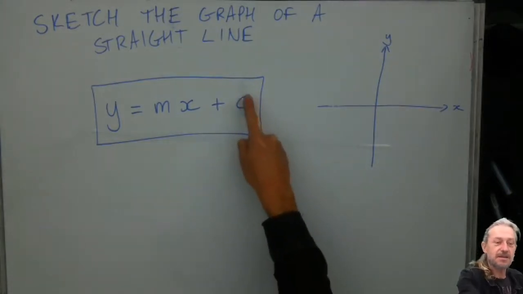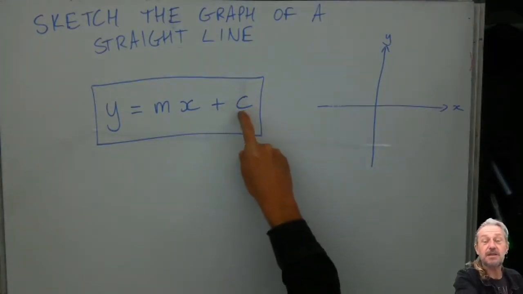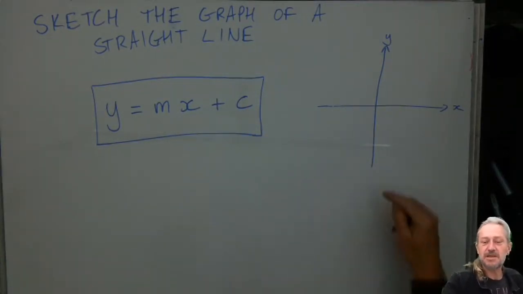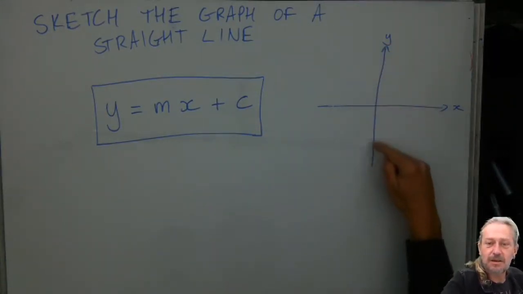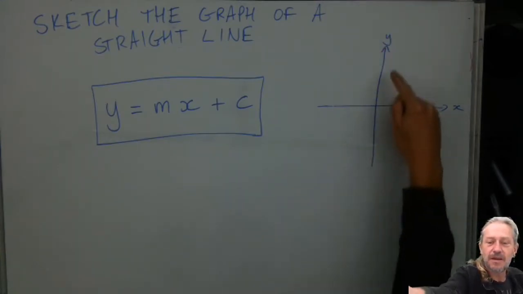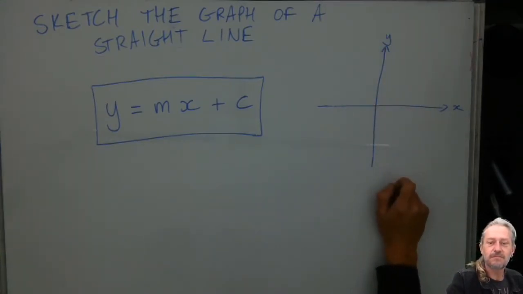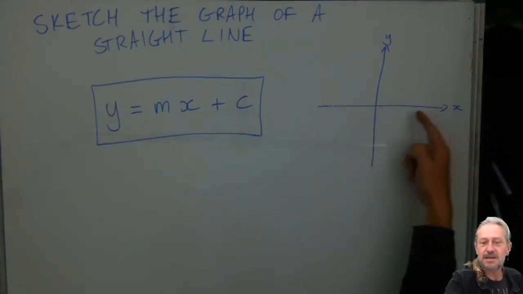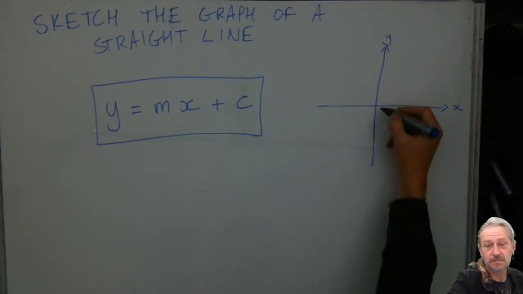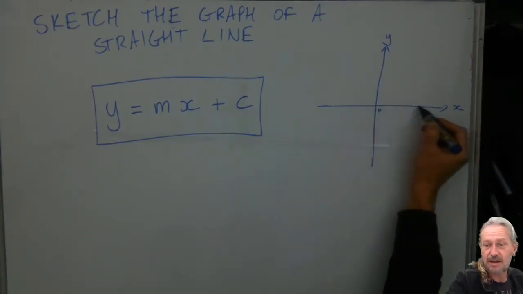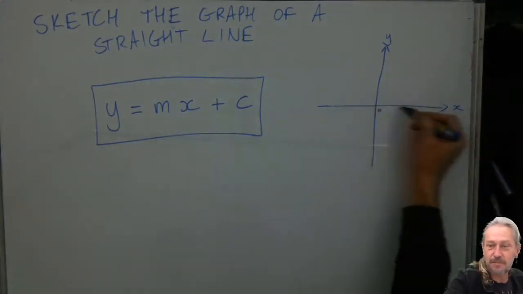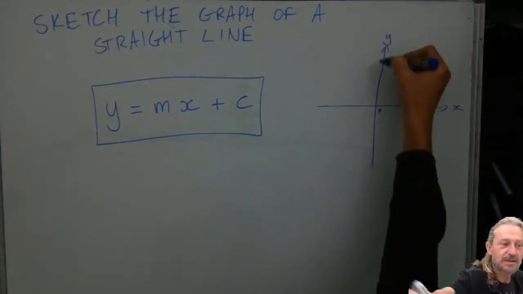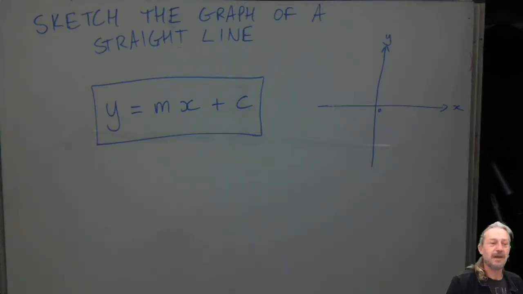This value here, the c at the end, is going to tell us the y-intercept. The x value that corresponds to the y-intercept is when x equals 0. At the 0 point on the x-axis, we're talking about where the line hits the y-axis.